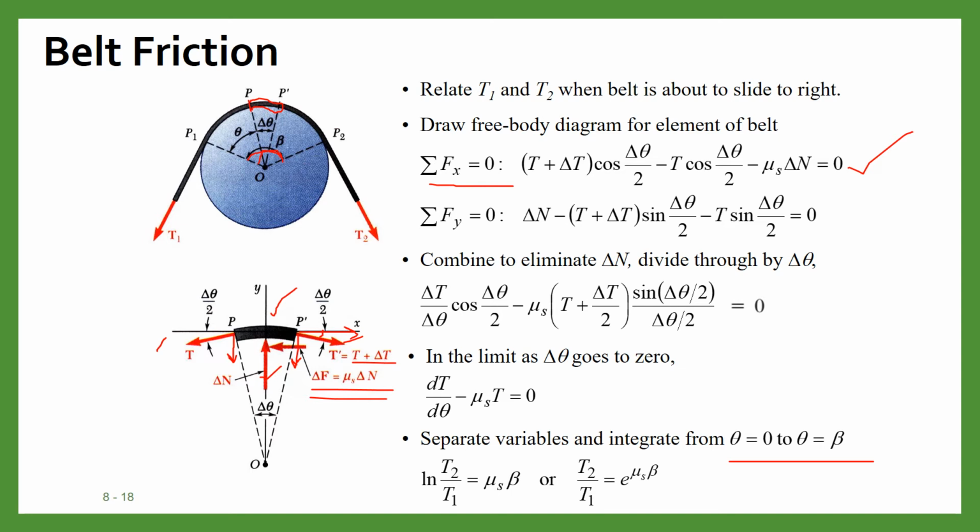So when you solve this equation, the solution will be ln T2 by T1 is equal to mu s beta, and we can also write T2 by T1 is equal to e to the power mu s beta. So this is the solution of this equation, and this equation governs the belt friction.